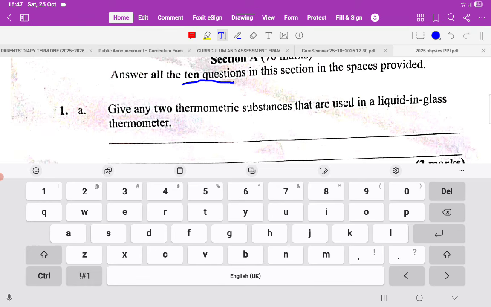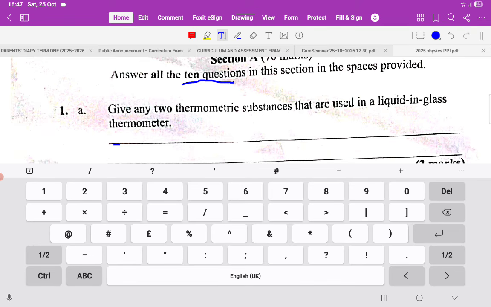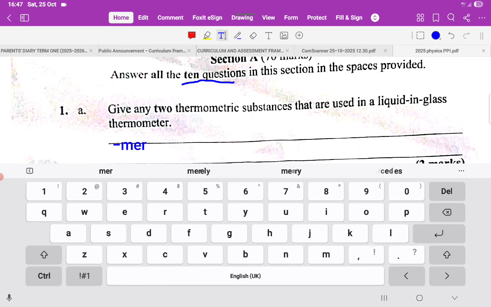The liquids, in this case, your answers should be mercury. Mercury is one of the liquids used. Mercury is used because it expands uniformly with temperature, and it is also used in high precision thermometers.